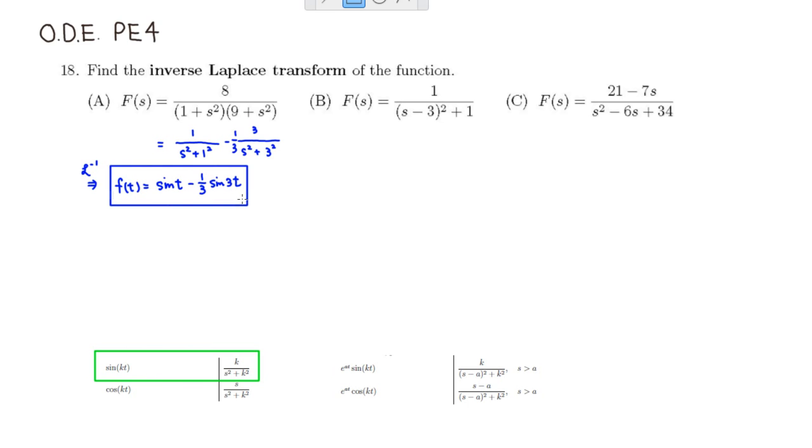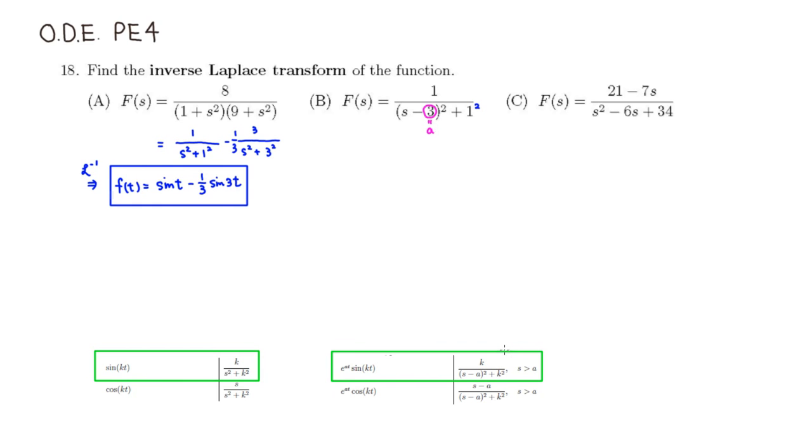Then let's move on to part B. Part B fits exactly the form of this one. So k is 1, so you can put the square there, and a is 3. So this is our a.